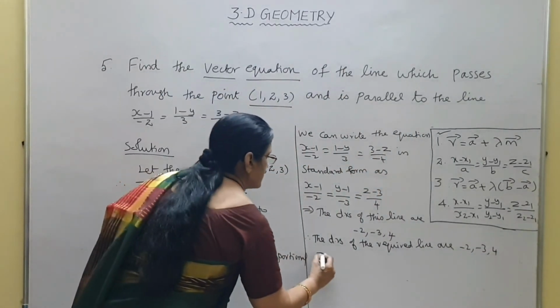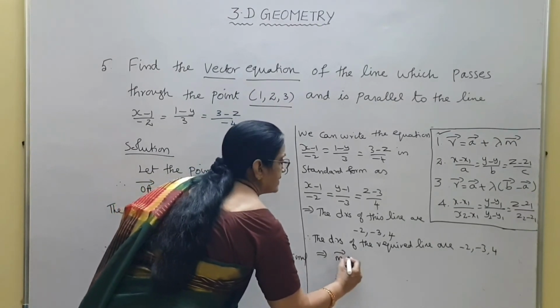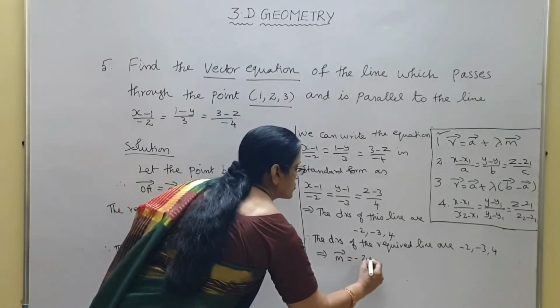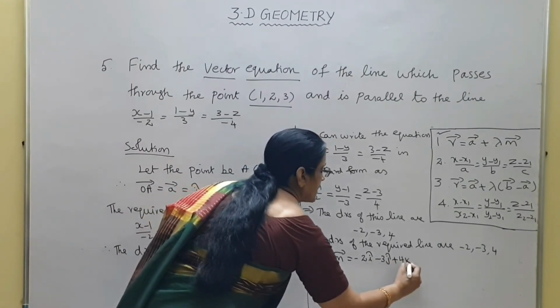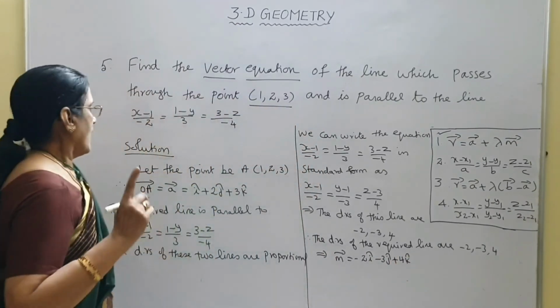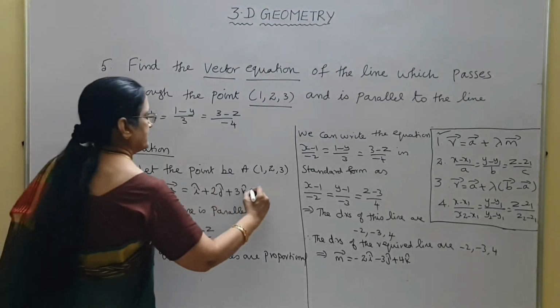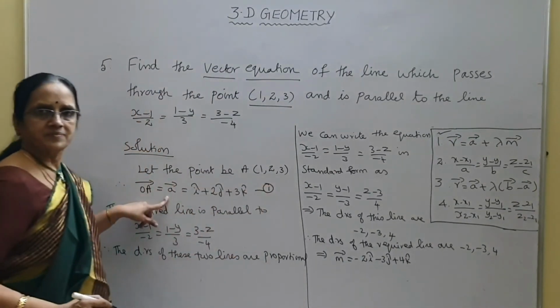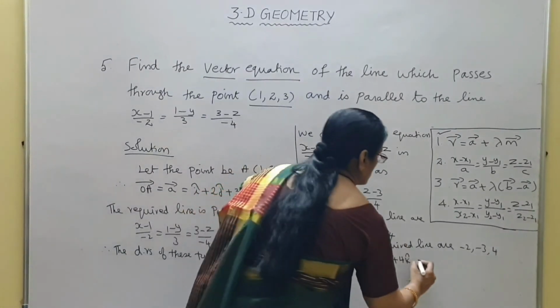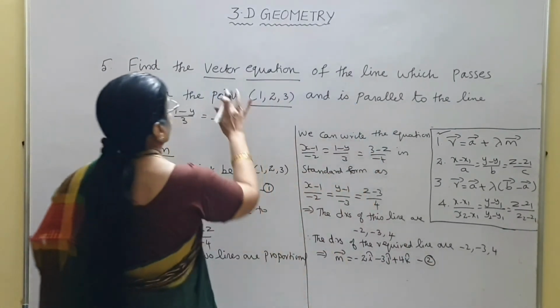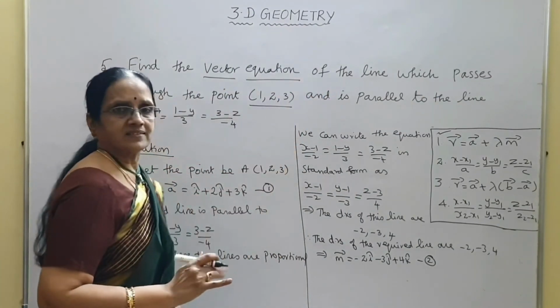This implies m vector is nothing but minus 2i cap minus 3j cap plus 4k cap. I know vector A, name this as 1. I know vector m, name this as 2. So I can write the vector equation of the line.